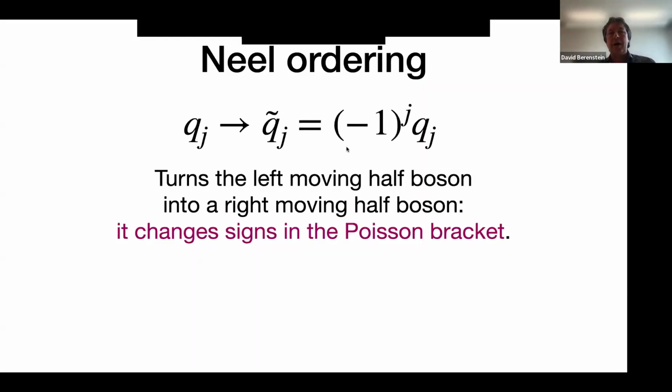If you do a canonical transformation where you change the sign of the Q's on all the odd sites, then the left moving Poisson bracket becomes a right moving Poisson bracket, and it changes all the signs in the Poisson bracket. So it shows that both formulations are equivalent to each other, at least on an infinite line.